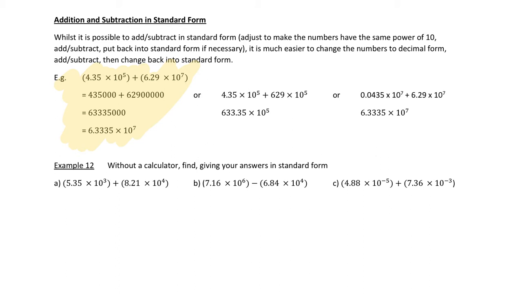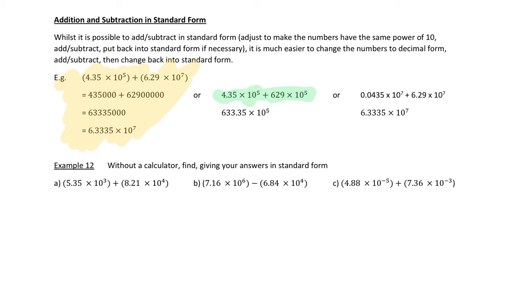Another way you can do it as well, they have made them both the power of the lower one. So 4.35 times 10 to the power 5, that was the smaller power. So they made the 6.27 times 10 to the power 7 into 629 times 10 to the power 5.